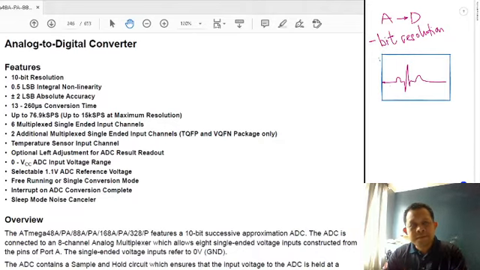Discrete means it is not continuous. You can have a gap between points, a gap between the time points. You can also have a gap between voltage points. Just now we talked about the continuity of time.